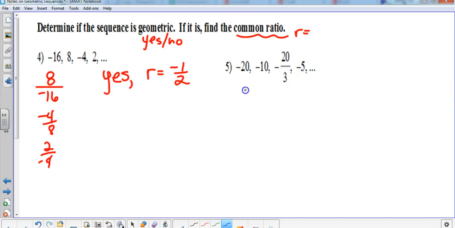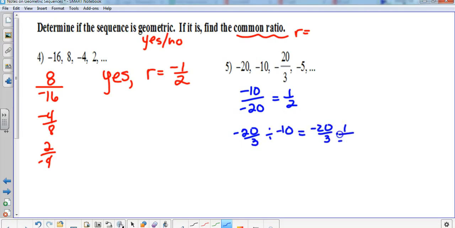All right. So if I take the second term divided by the first, I get 1/2. But what if I do -20/3 divided by -10? I get 2/3. Is that a common ratio?